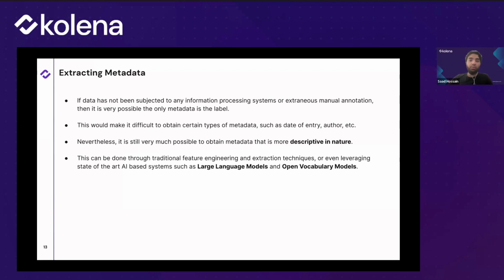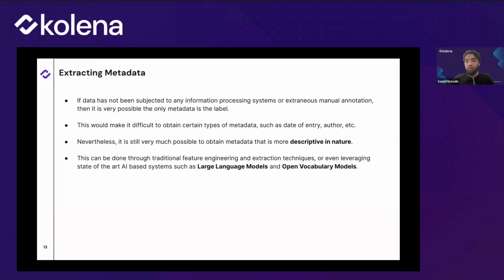However, it is very much possible to obtain metadata that is more descriptive in nature. So when we look at an image or we look at a paragraph or a sentence or a text, we're able to effectively describe it. We're able to use various different tools to ascribe a number of properties to it.